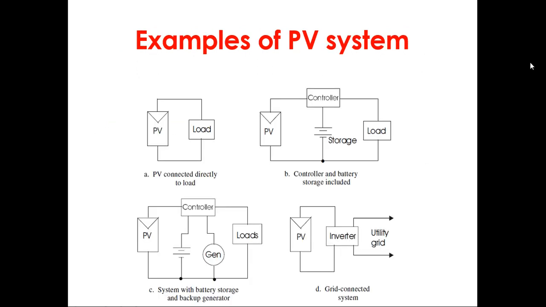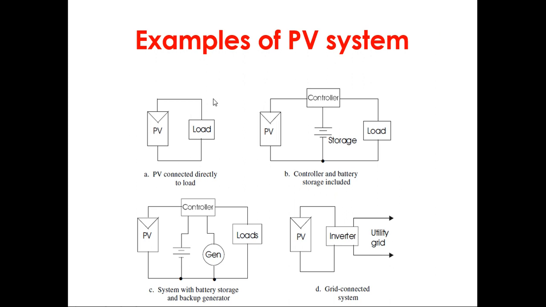These are some examples of the PV system. Usually, certain controllers need to be incorporated as the interfacing medium between photovoltaics and the load. If we don't want any controller, we can directly connect PV with the load.